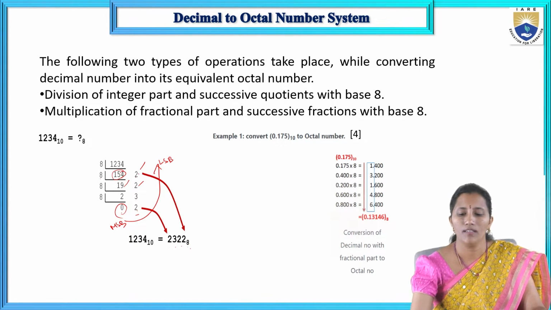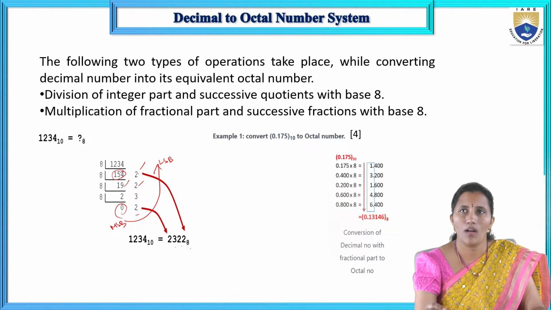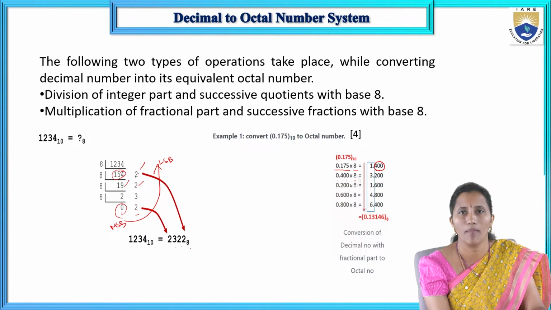For the same decimal number, we take the fractional part 0.175. We have to convert it into an octal number. For that, we multiply that fractional number by 8, and in that result consider only the fractional part, 0.400. Again multiply by 8 and you get 3.200.